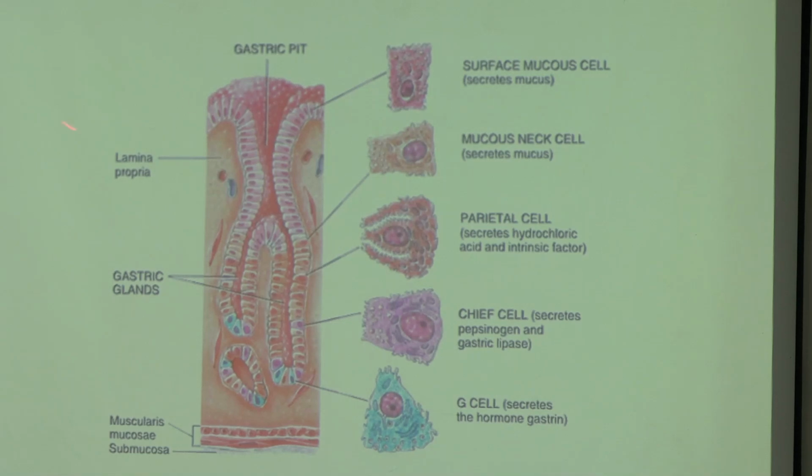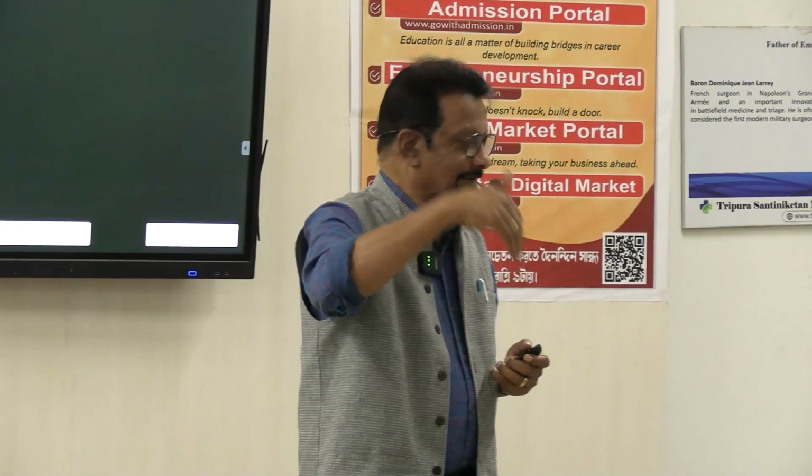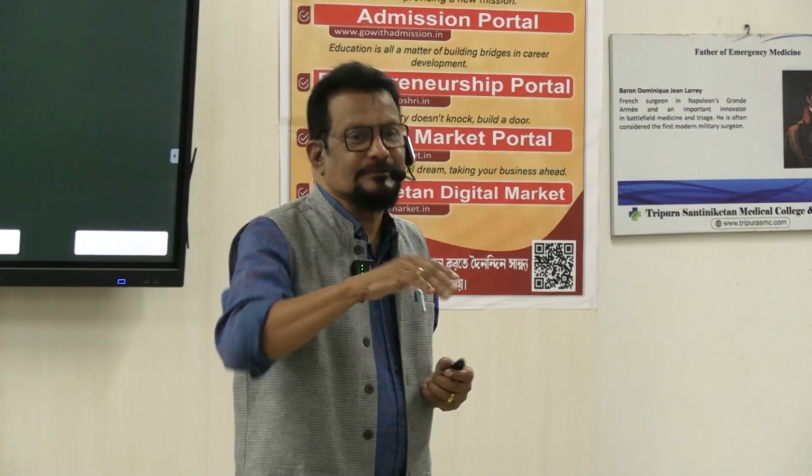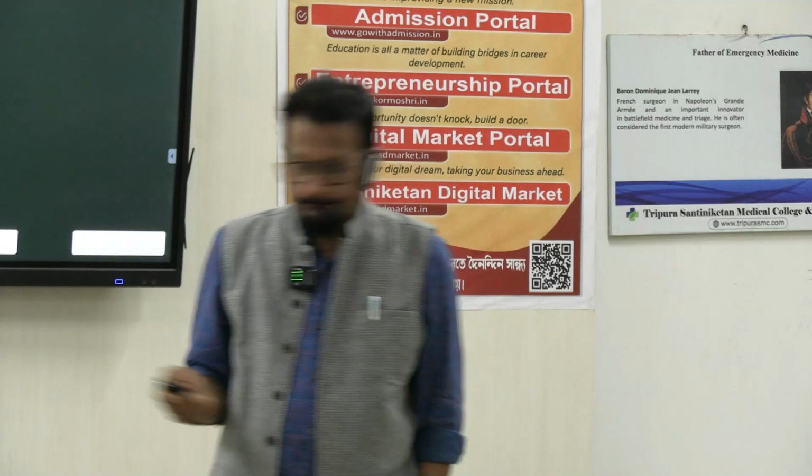On the outer side, it will be most alkaline, and gradually it becomes less alkaline. What is the purpose? So that hydrochloric acid cannot penetrate inside. So it is one of the functions of the anatomical modifications, to protect you from hydrochloric acid.